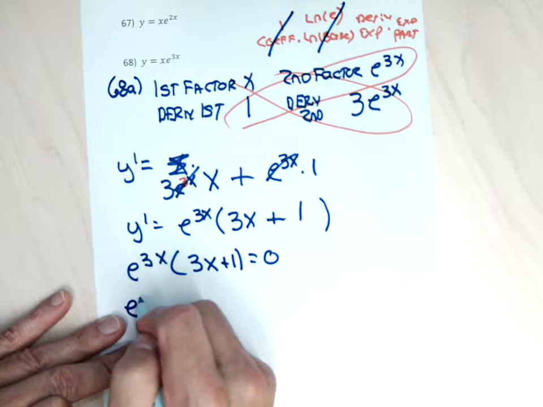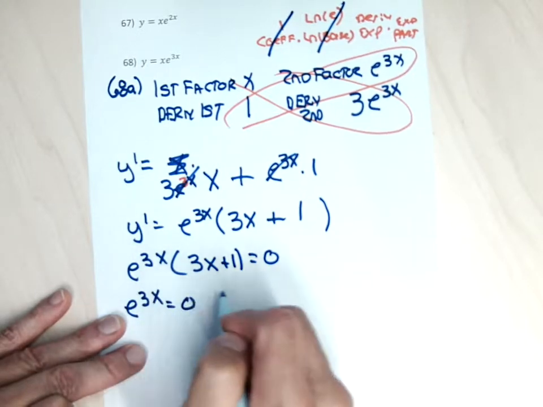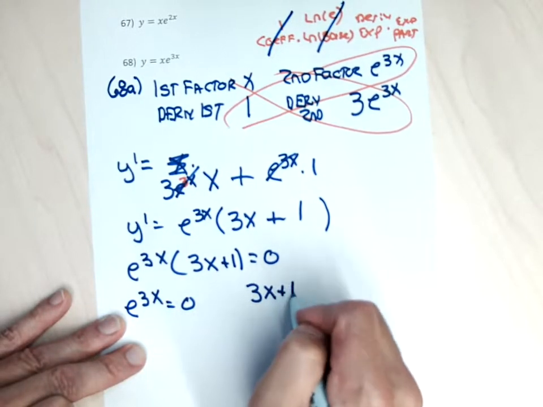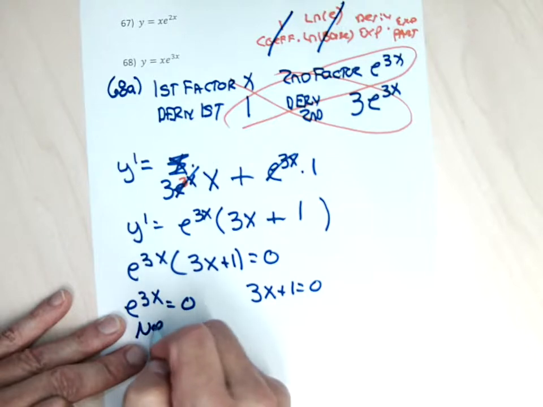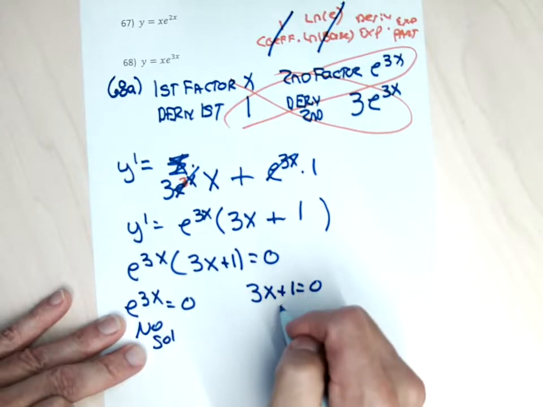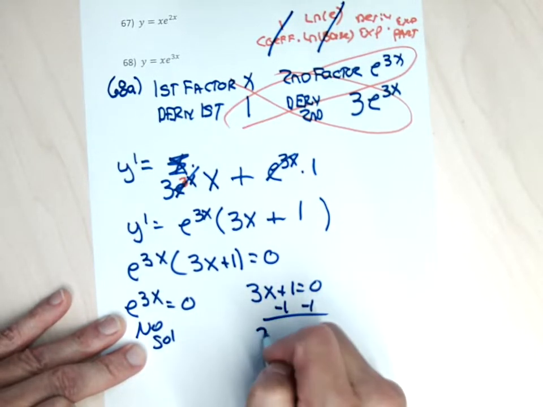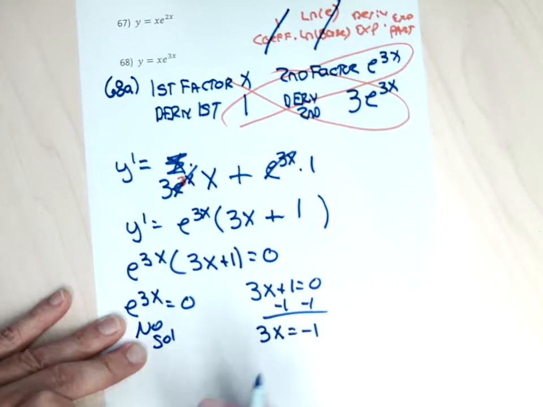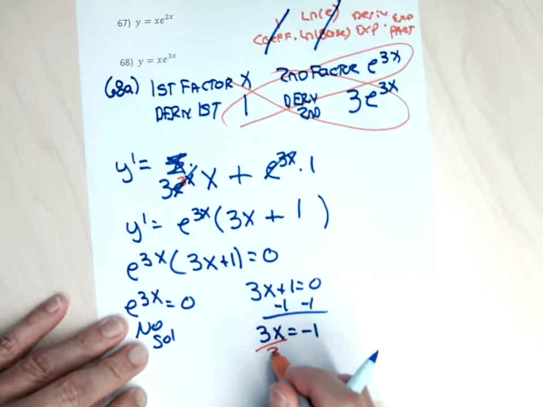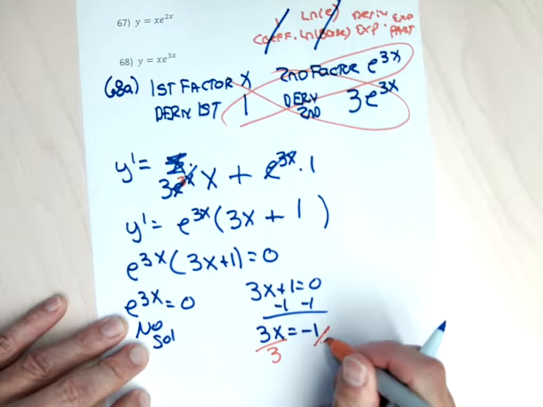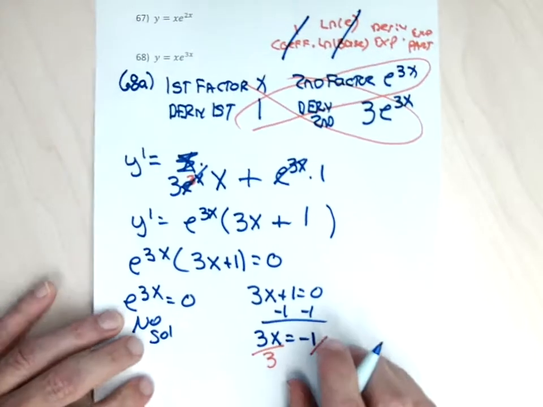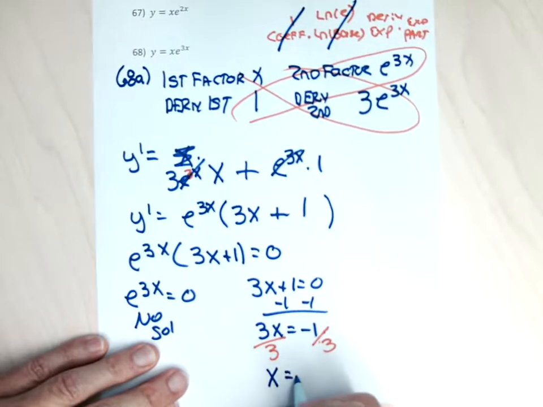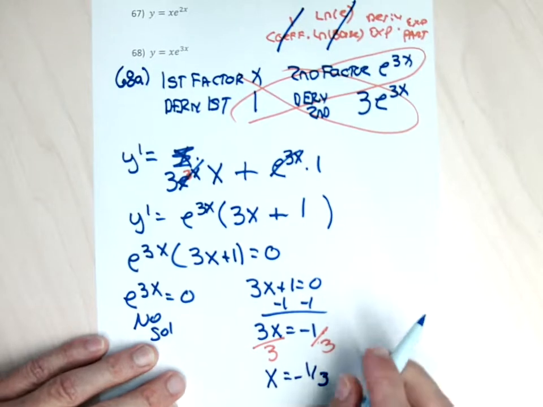It's factored, so I can just set each of the factors equal to 0. E to any power doesn't have a solution. For the 3x plus 1 equal to 0, I need to subtract 1 and divide by 3. And I get x equal to -1/3.